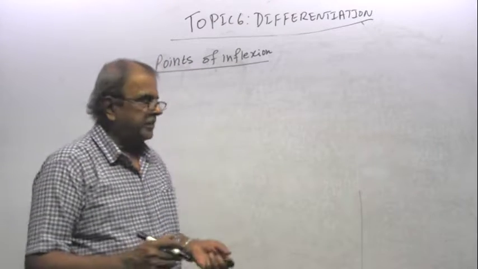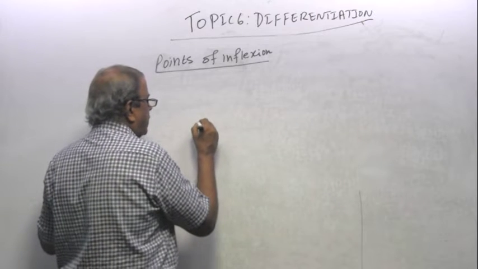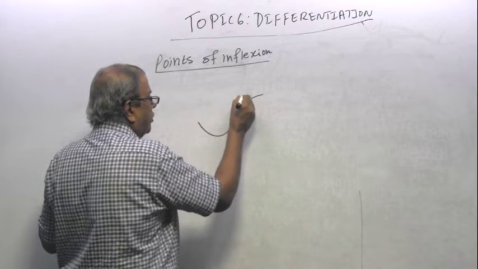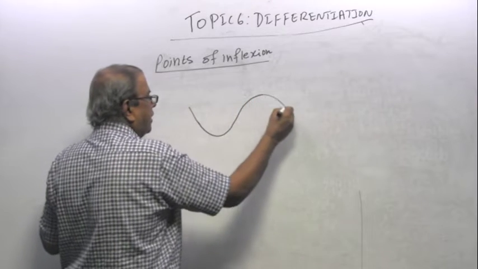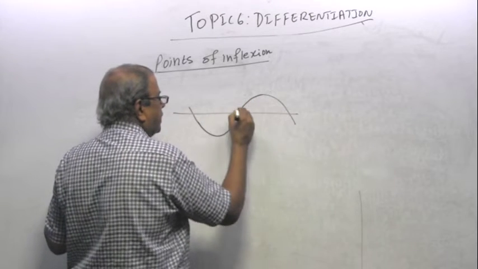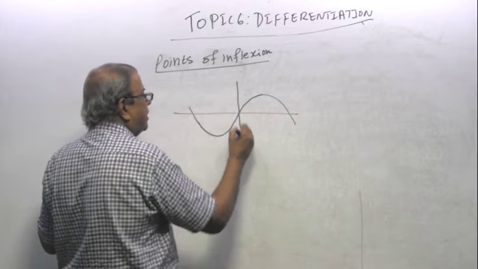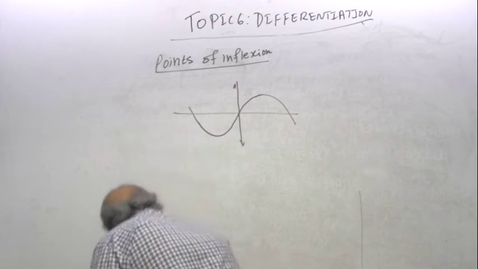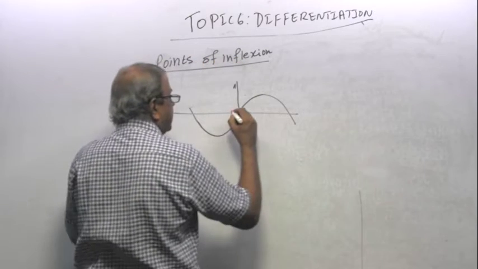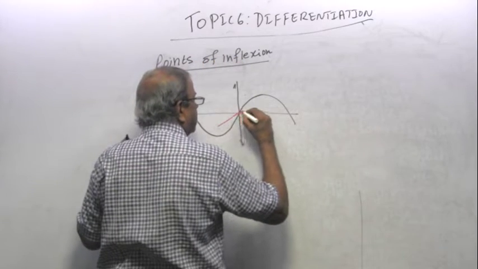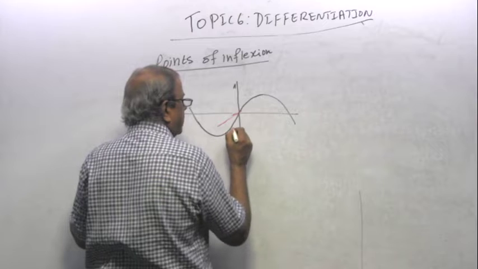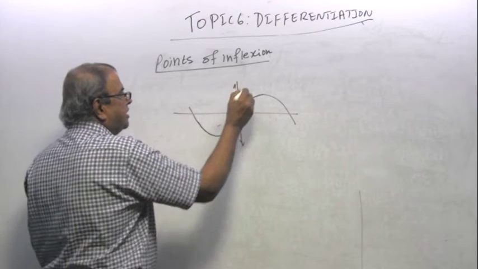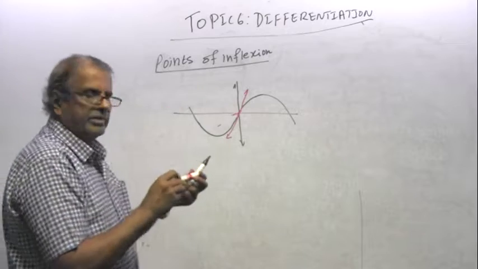If you take the graph of y equal to sine x, and I draw the tangent to the curve at the origin, you see that particular tangent crosses the curve.